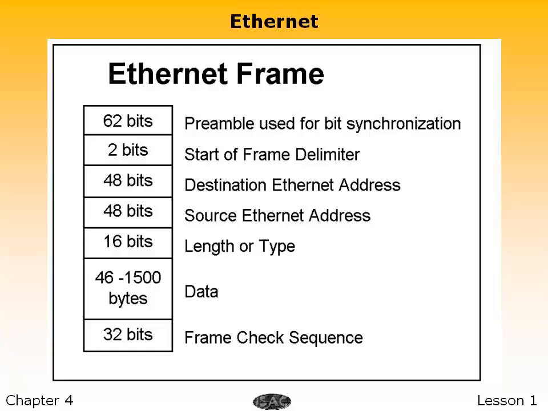IEEE 802.1aq, shortest path bridging, includes the use of the link-state routing protocol IS-IS. It means Intermediate System to Intermediate System, which allows larger networks with shortest path routes between devices.